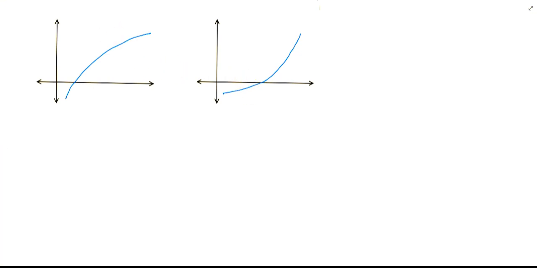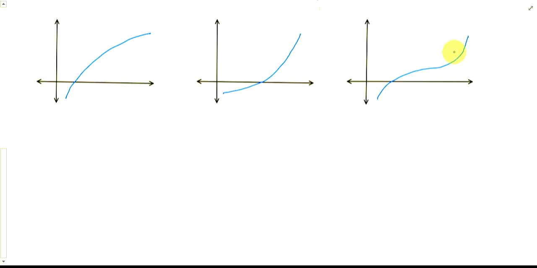This graph is also strictly increasing. This graph is also strictly increasing. At this point the derivative of the function is 0. For this graph the derivative is positive, and also for this graph the derivative is positive for all x that belongs to the domain.